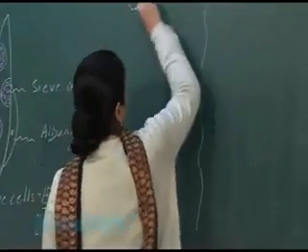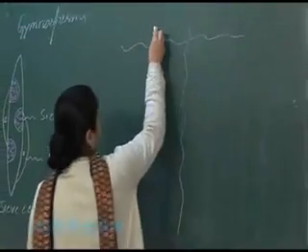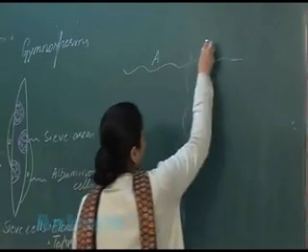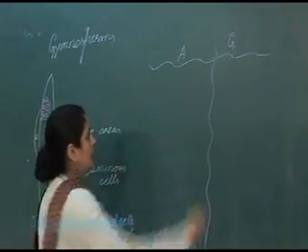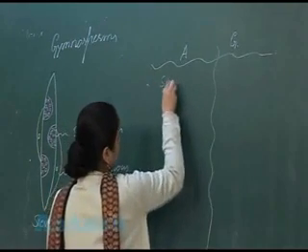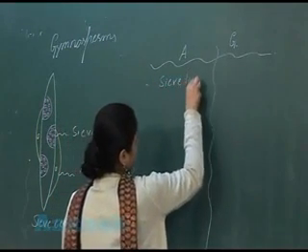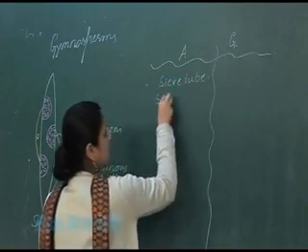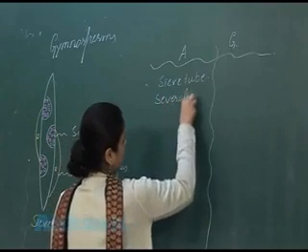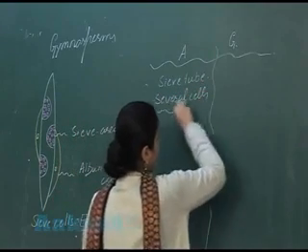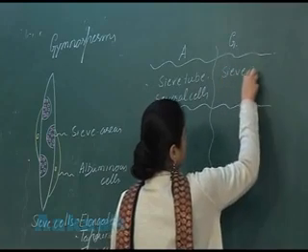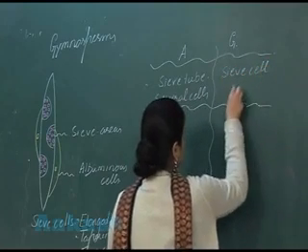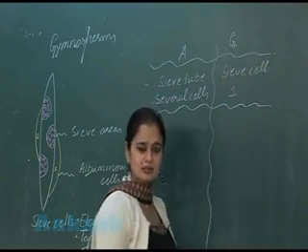So let's immediately compare between angiosperm and gymnosperm with respect to these two components. Angiosperm, sieve tube made up of several cells, right? Gymnosperm, sieve cells, they are only single.